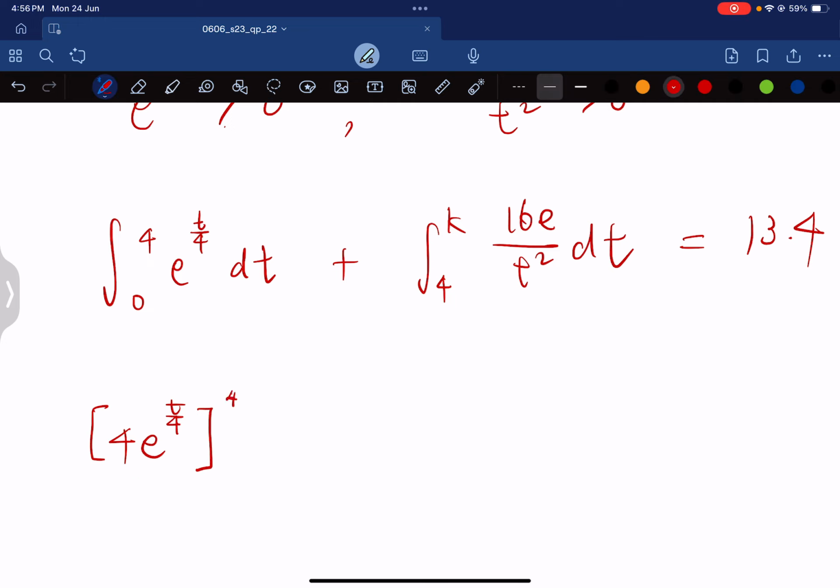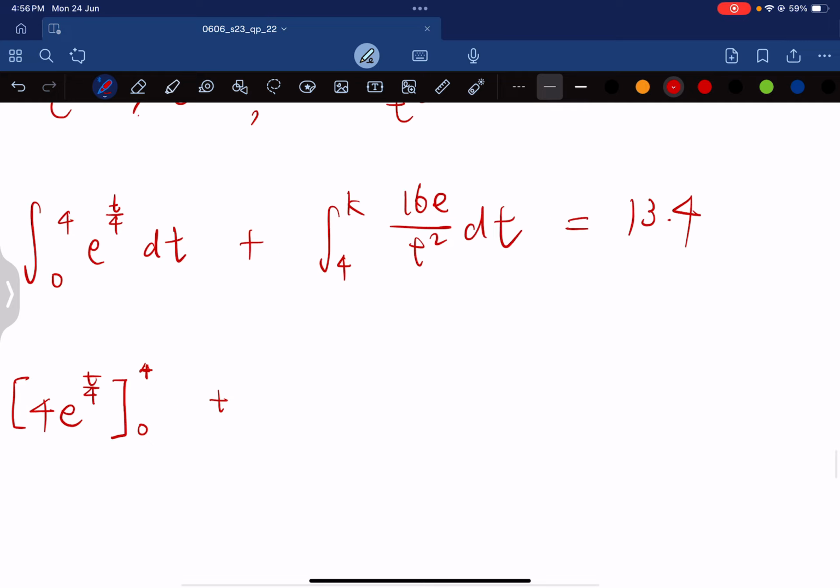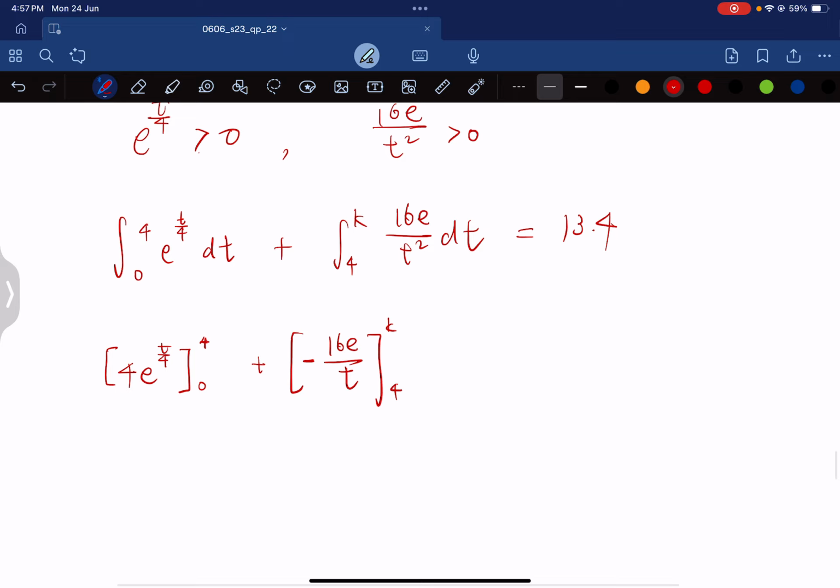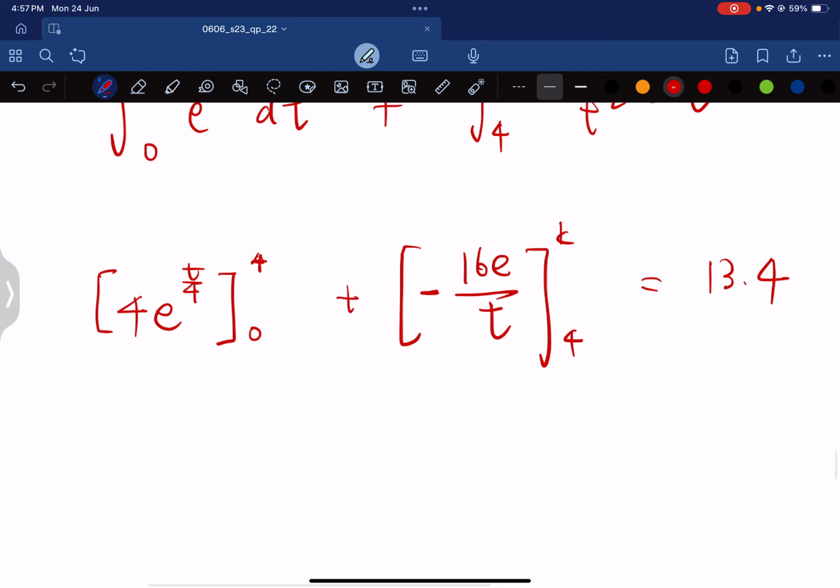So 4, 0, plus, 16e is just a number, so this is just t to the power negative 2. Integrating t to the power negative 2 becomes t to the power negative 1, but negative, from 4 to k. Yes, all right, so equals 13.4.